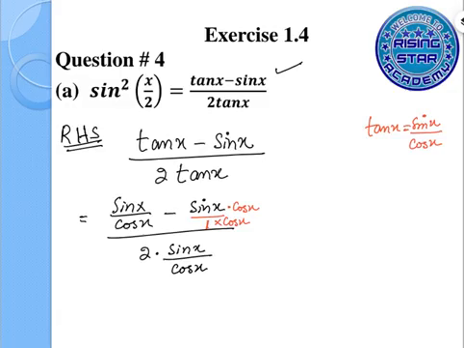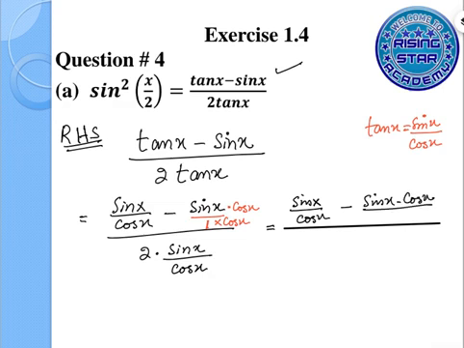So for the next step we will write sine of x over cos x minus sine x times cos x over cos x, and it would be written as it is.